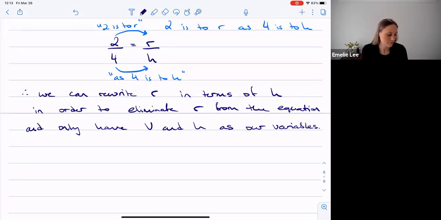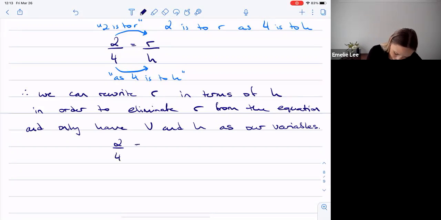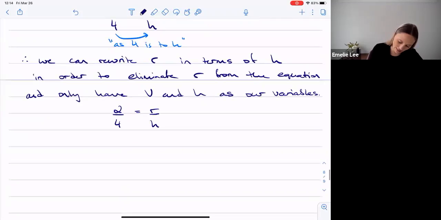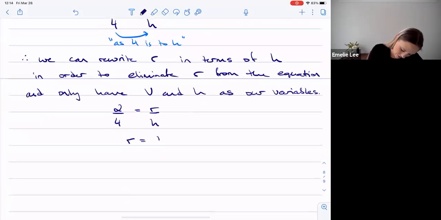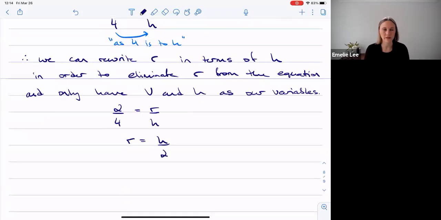Okay. So what we have, if I want to rewrite and solve for r, right, if 2 over 4 is equal to r over h, then, well, 2 over 4 is 1/2. I can multiply that h over, so then r must be h over 2 after some quick magic there.